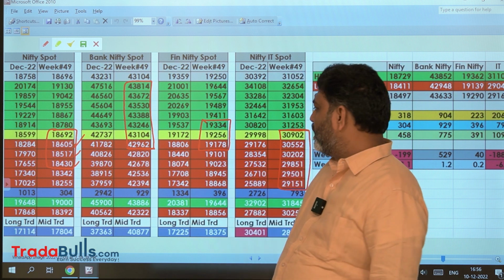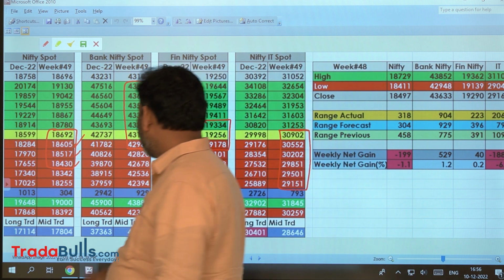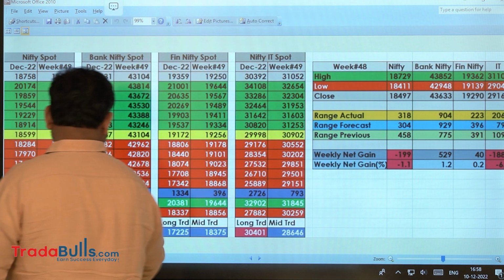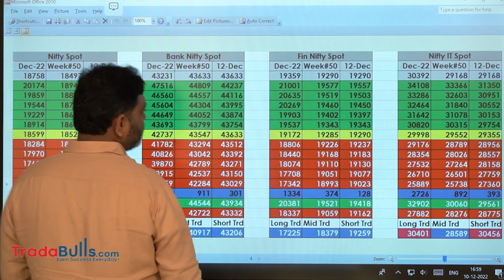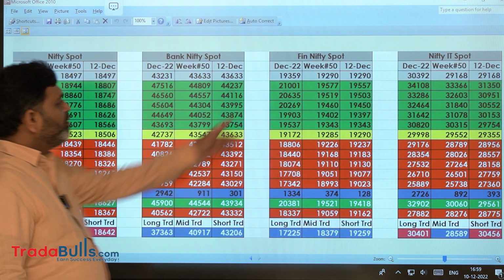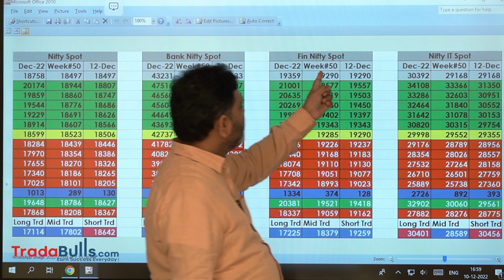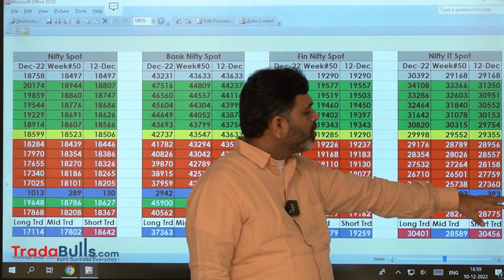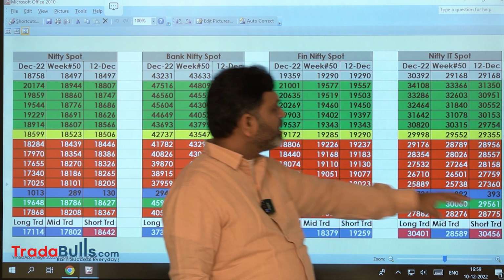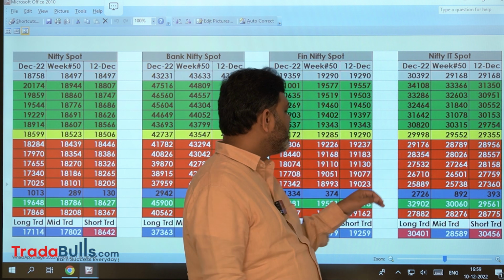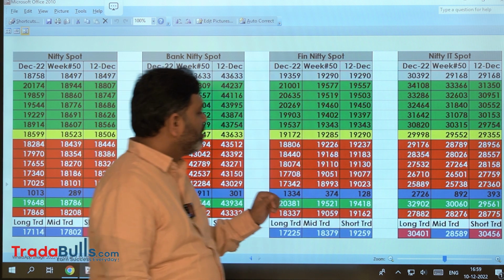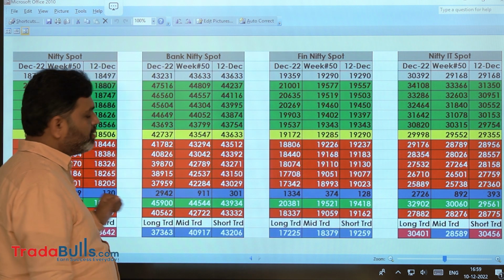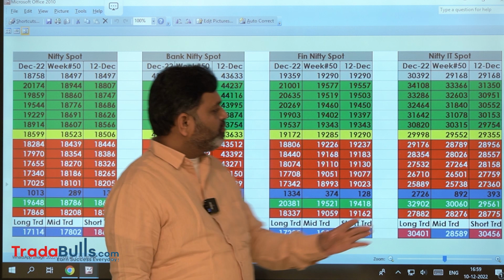Okay, so coming to next week's analysis. Week number 50 is the coming week. These are the green zone and red zone values, and we anticipate a 393 points range in IT, 128 points in Fin Nifty, 300 points in Bank Nifty, and 130 points in Nifty on Monday.